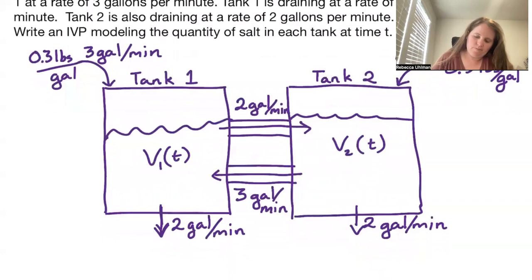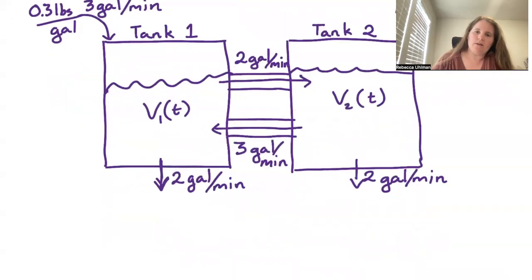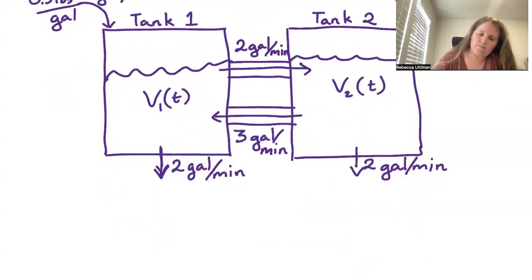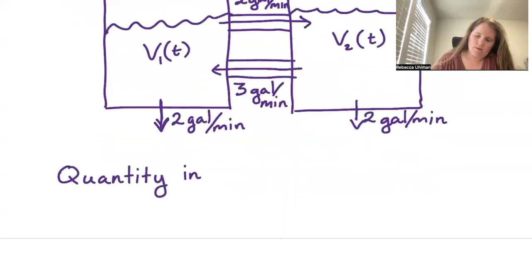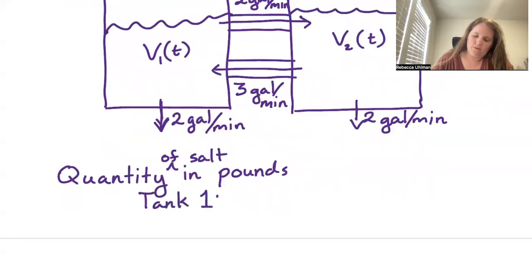The concentration will be quantity over volume. So the quantity of salt, in pounds, in tank 1 will be Q1 of T, and in tank 2 will be Q2 of T.